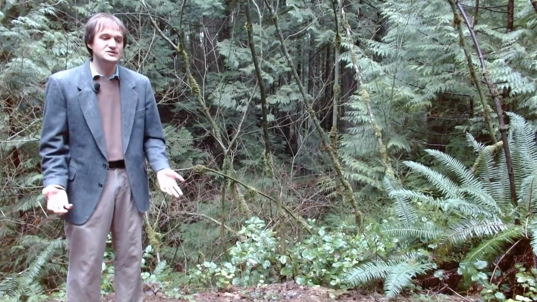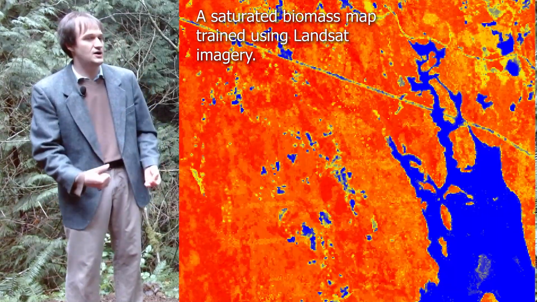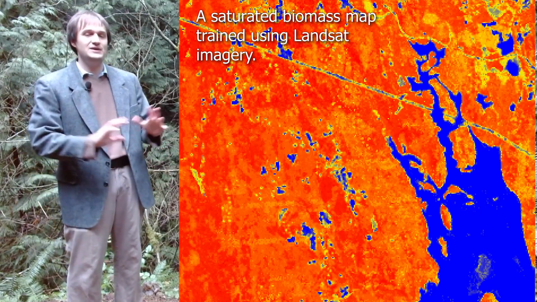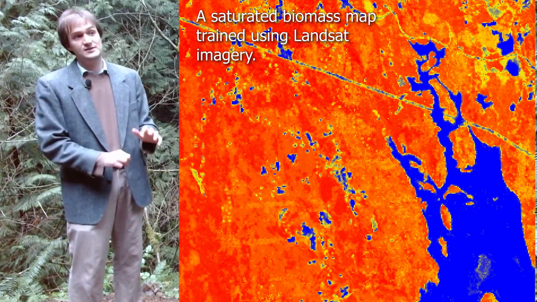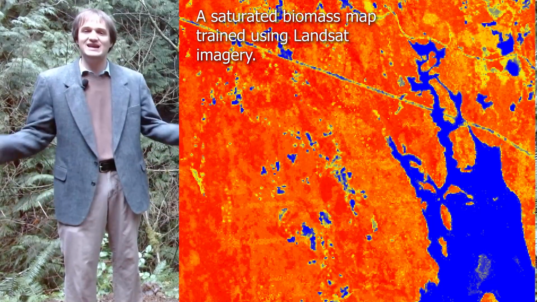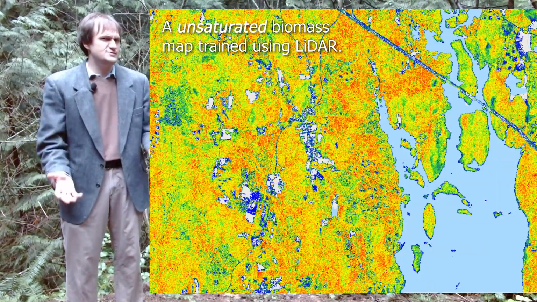And oftentimes the way this manifests itself for people who are making maps or making models is that in high biomass forests, they'll basically just not be able to estimate. They'll consistently underestimate, and they'll overgeneralize.